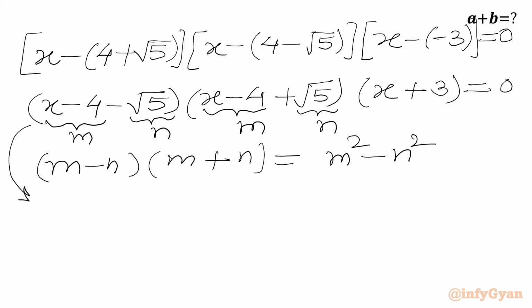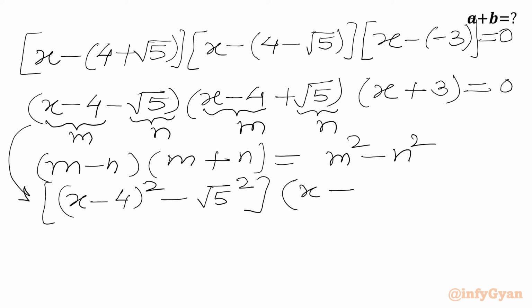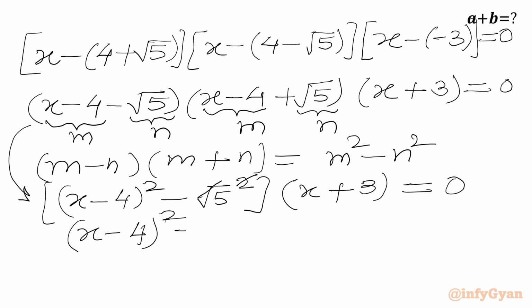So I will write here x minus 4 whole square minus square root 5 whole square. Then we'll write x plus 3 equal to 0. We can cancel the square root with the square here. So we will write x minus 4 whole square minus 5 times x plus 3 equal to 0.